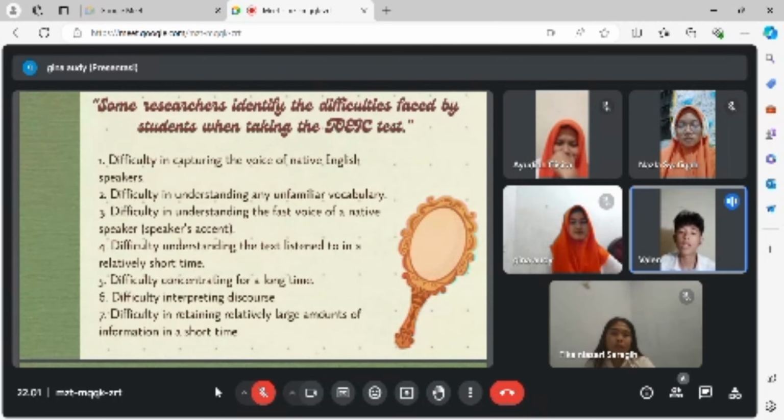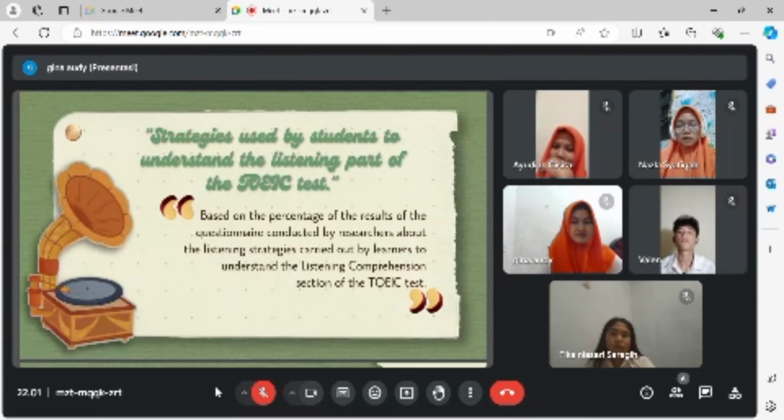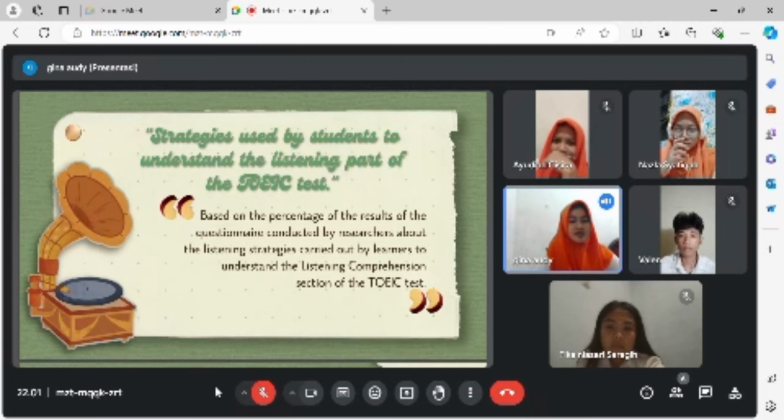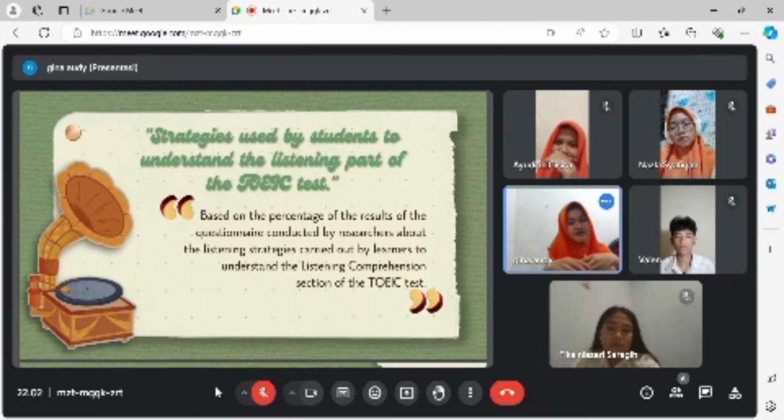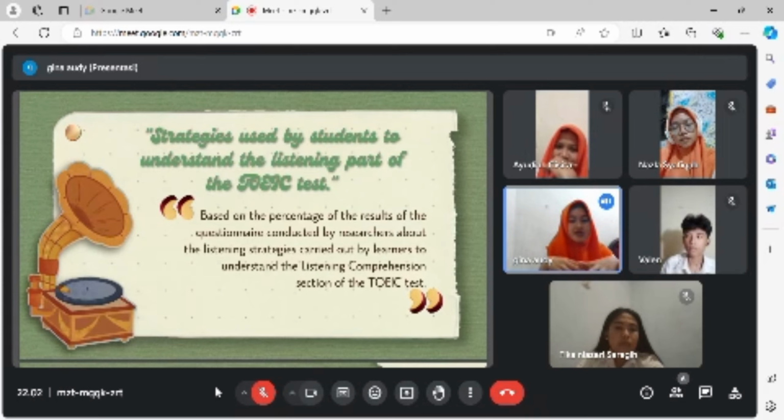Okay, the next one is going to be explained by my friend Gina. Okay, next question. What are the student strategies for understanding the listening part in TOEIC? Based on the article findings, researchers found that 71% of the students use metacognitive strategies to improve their listening comprehension on the TOEIC test.